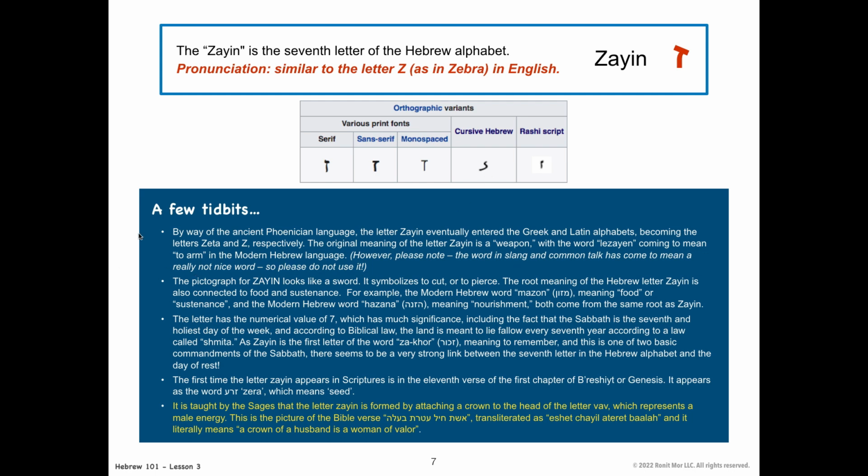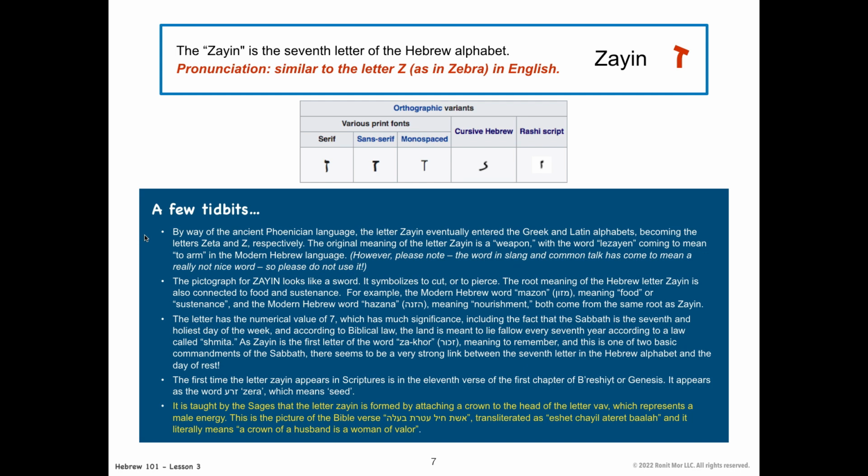Okay, so a few tidbits. By way of the ancient Phoenician language, the letter Zayin eventually entered the Greek and Latin alphabet, becoming the letter Zeta and Z, respectively. The original meaning of the letter Zayin is a weapon, with the word Zayin coming to mean to arm in the modern Hebrew language.